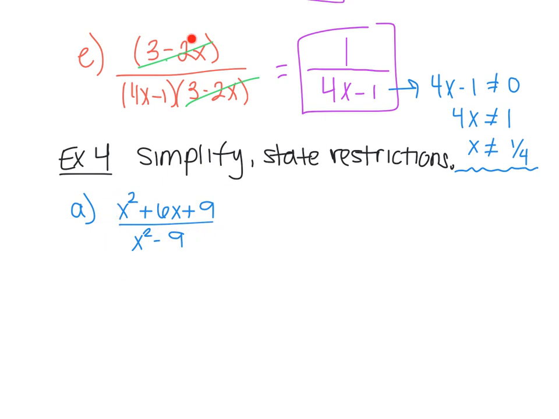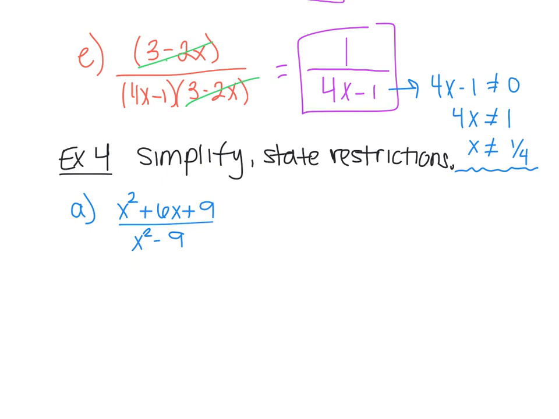If we look back up to E, the denominator has 2 factors. It's already in factored form rather than the way it would typically look if we multiplied it out, which would be a quadratic. So in example A, we've got a quadratic divided by a quadratic.